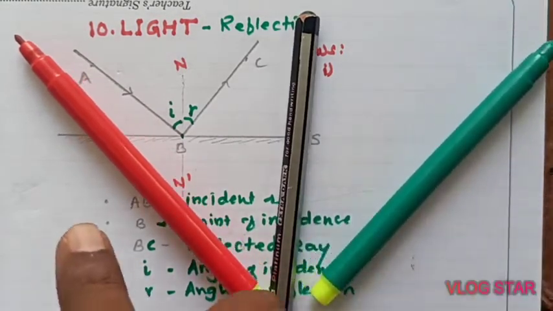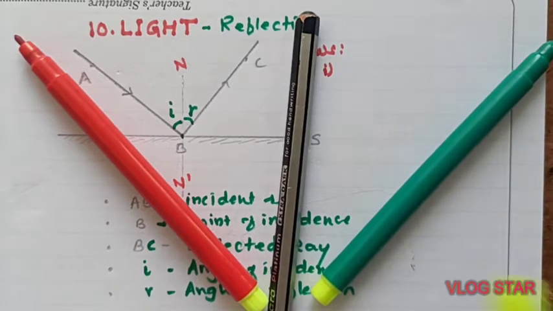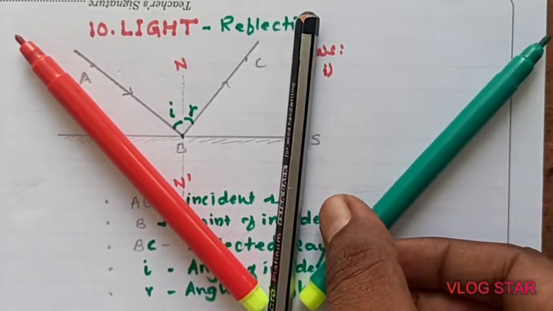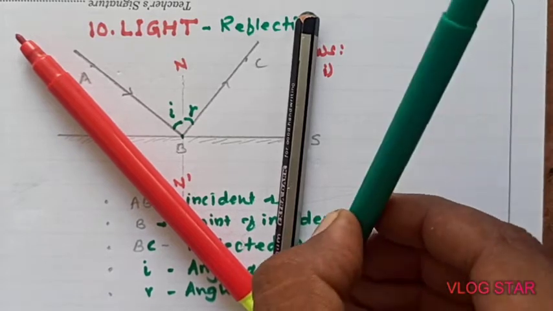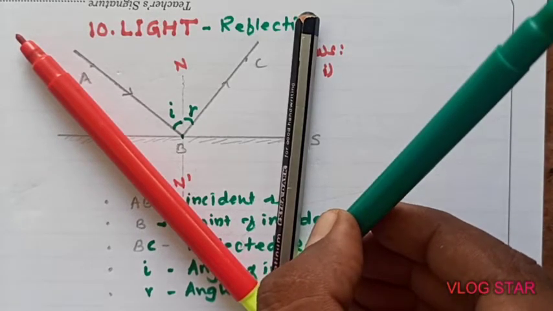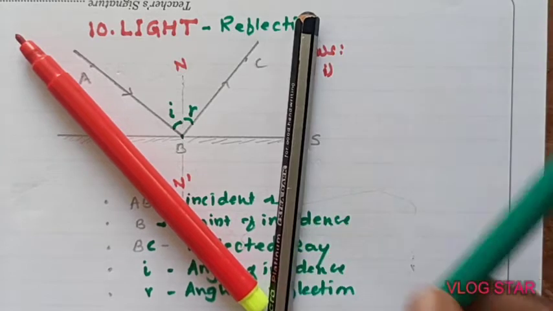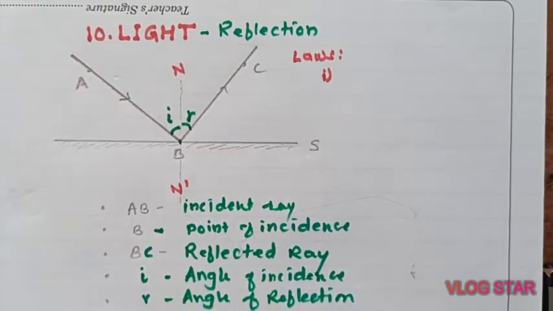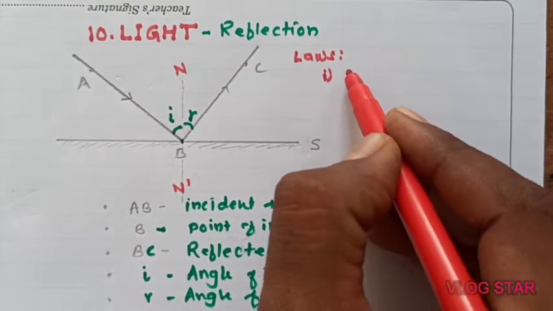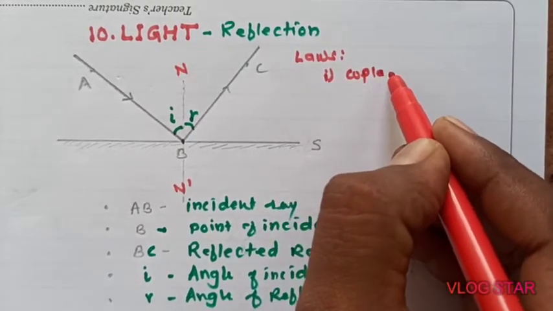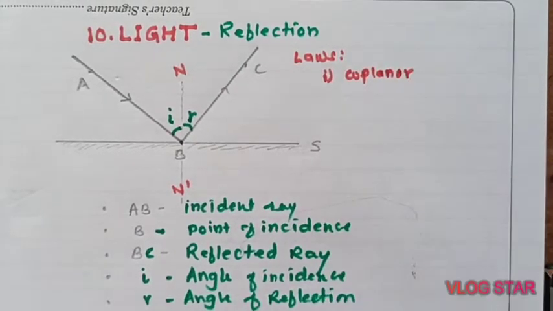So the incident ray, normal and reflected ray are in the same plane. When they are coplanar, good. If the reflected ray is coming out of the paper, we say that these are non-coplanar. So coplanar is the first law.